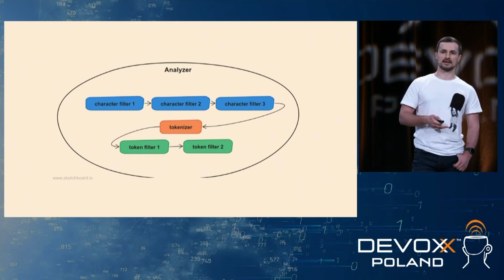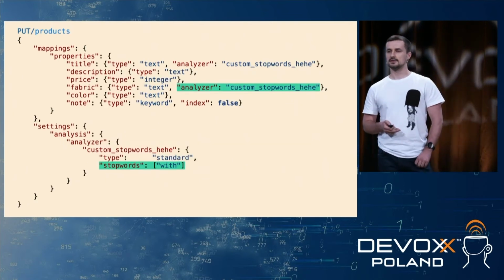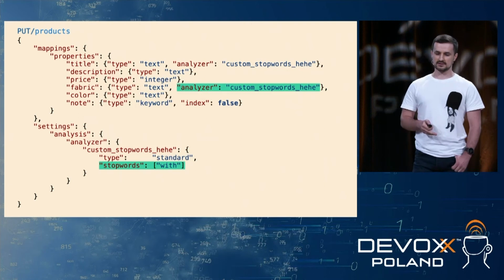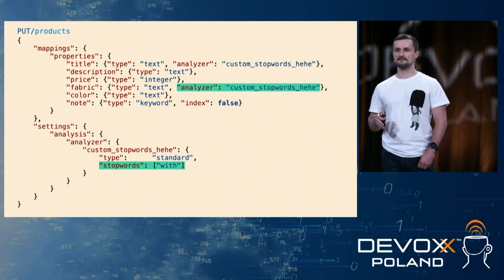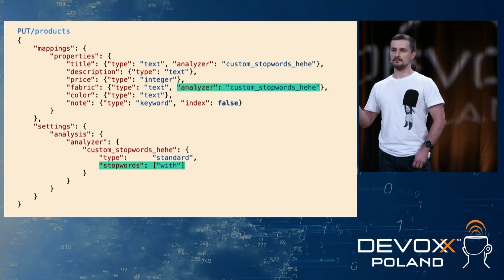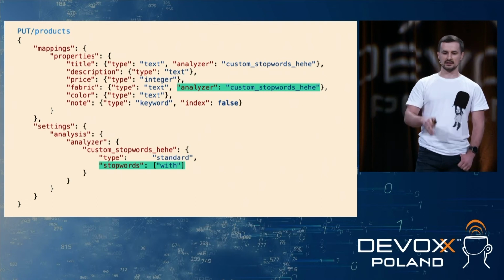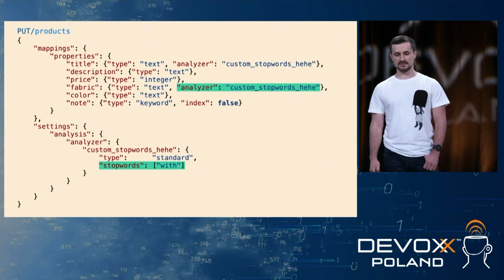Actually, let's get back to the stop words. There's a way to define the stop words in the analyzer. So you can see that I added an analyzer, custom stop words underscore hehe. This is on purpose, so that you know that this is completely created by us. It's not out of the box. And it's defined just underneath as a custom analyzer.